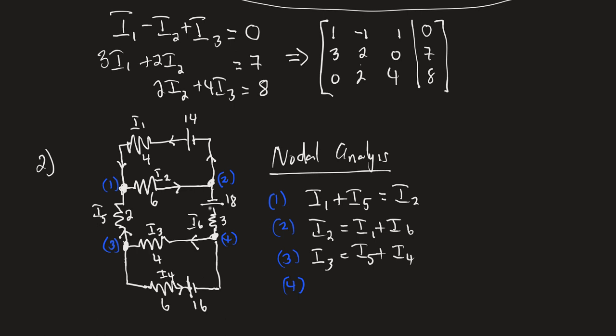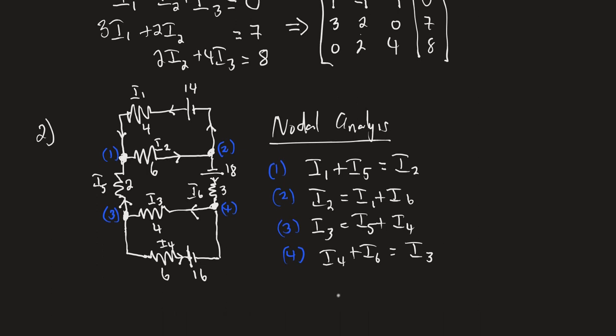So there should be a little arrow here. I really should have drawn this bigger. But at node 4, we end up with I4 going in, I6 going in, and then I3 going out. All right, so that's the node.